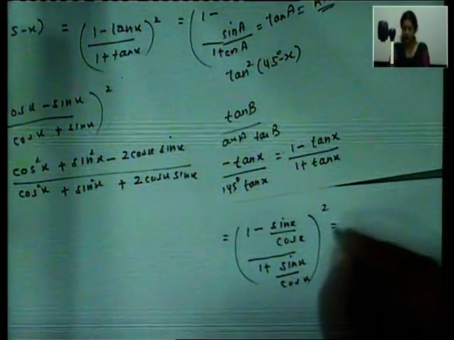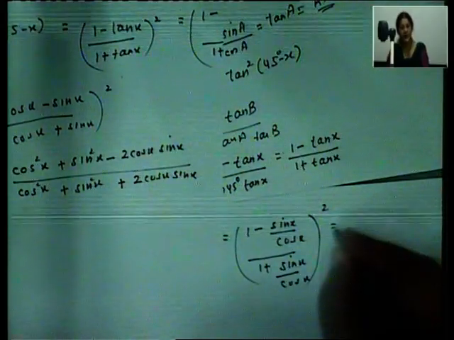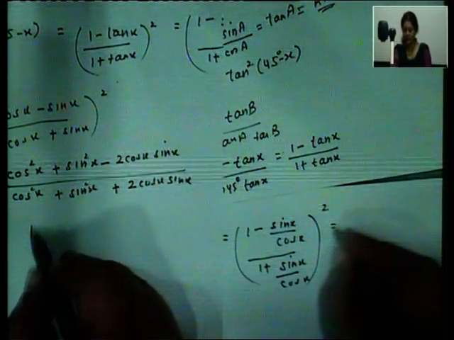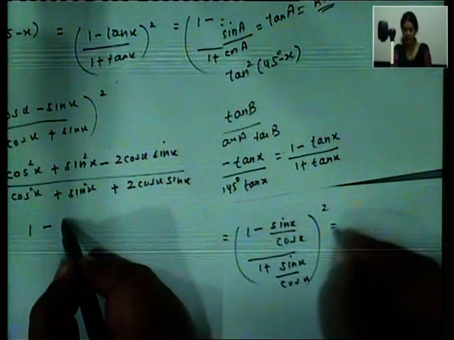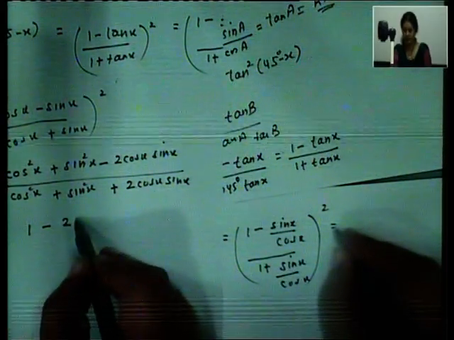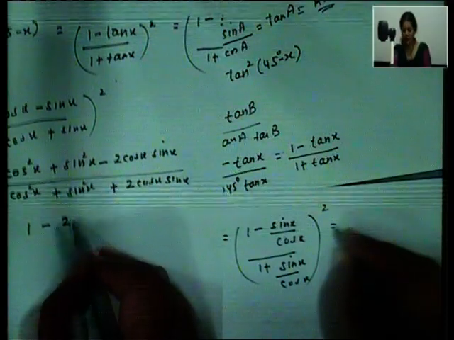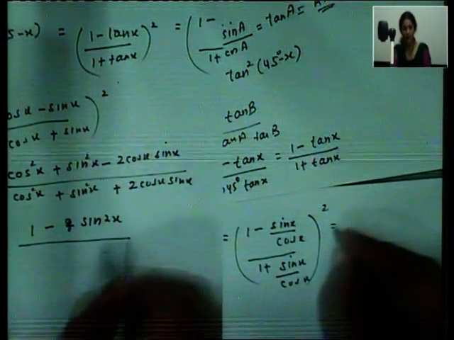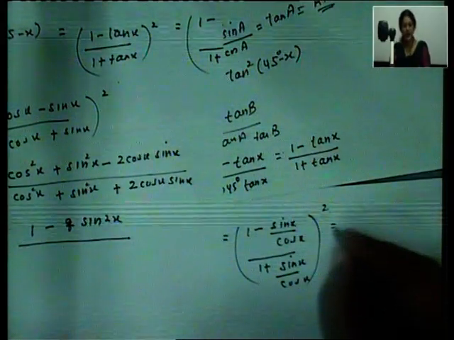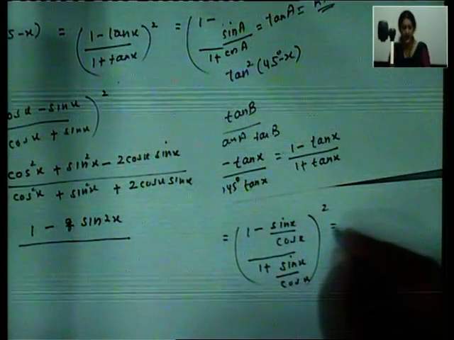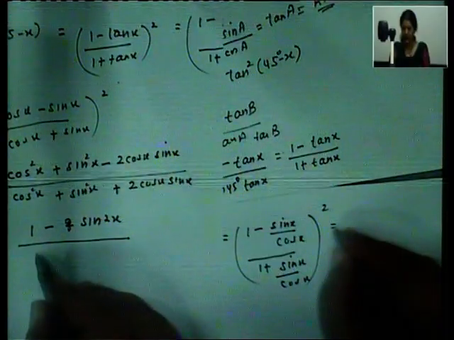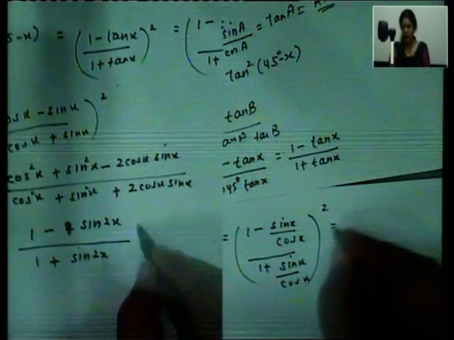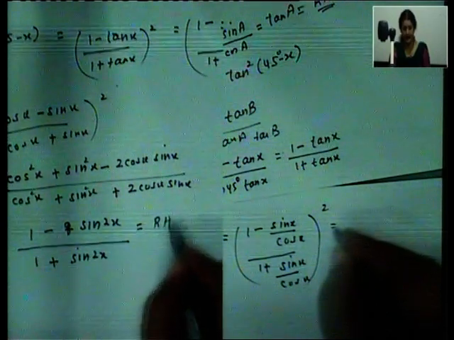Now cos square x plus sin square x is 1, and 2 sin x cos x is sin 2x. Again in the denominator, cos square x plus sin square x is 1 and 2 cos x sin x is sin 2x. So this becomes (1 minus sin 2x) upon (1 plus sin 2x), which is equal to the left hand side.